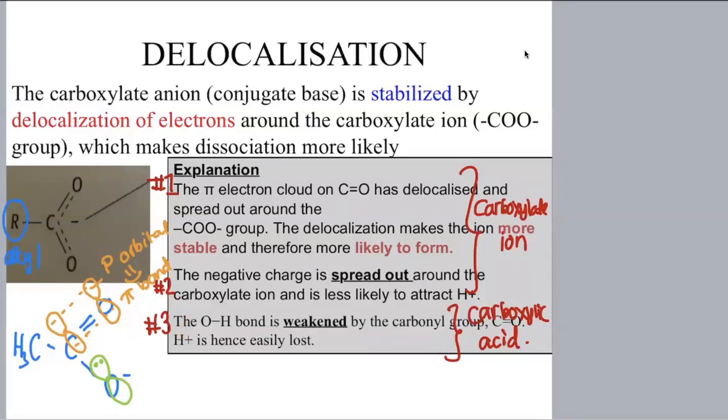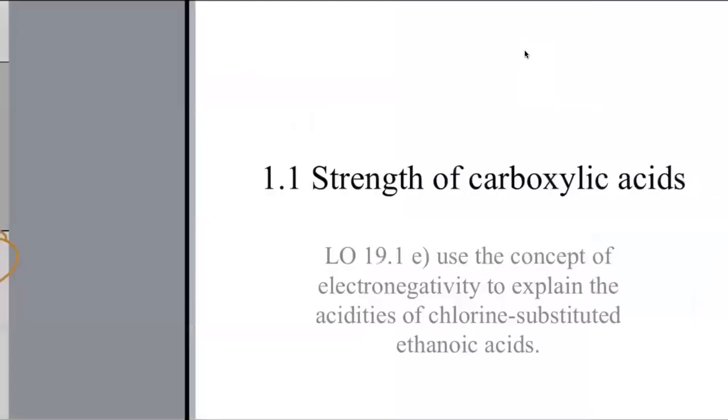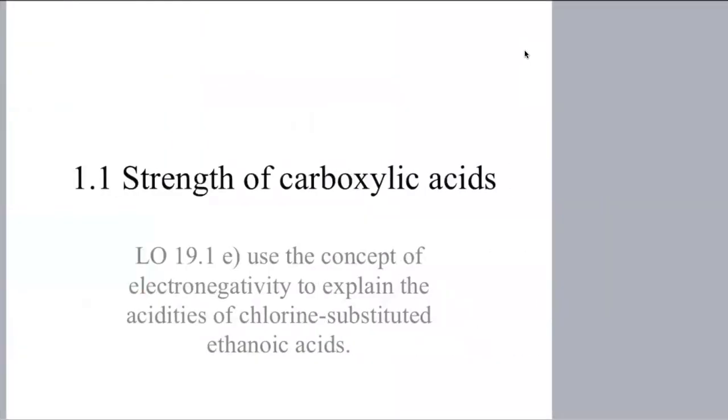The general rule is that if you add electrons, the bond is stronger. If you remove electrons from the bond, it is weaker. If the OH bond is weaker, you release more H plus, therefore more acidic.